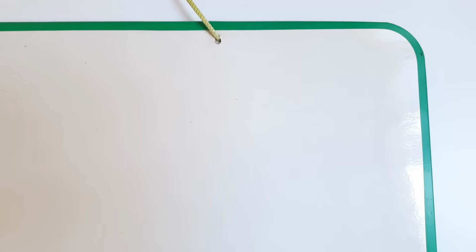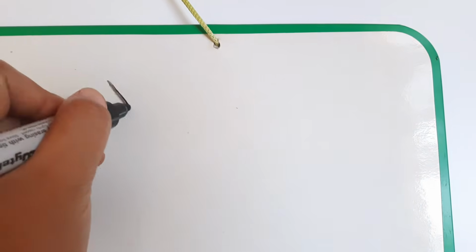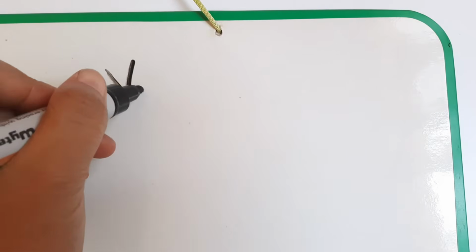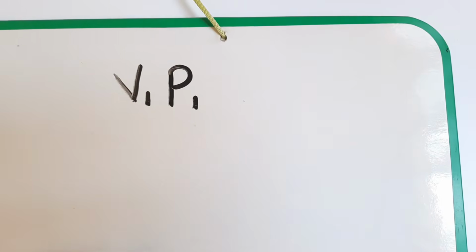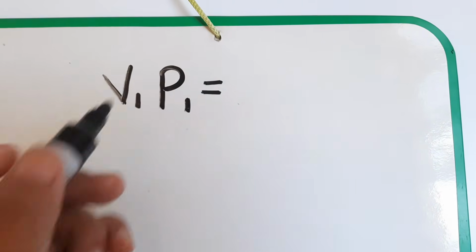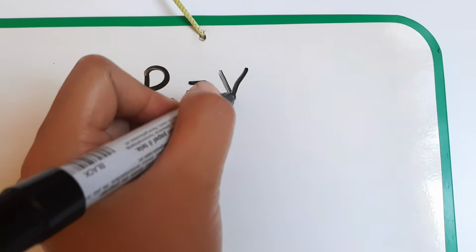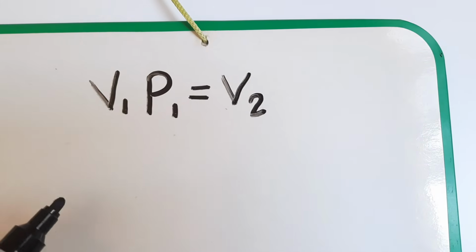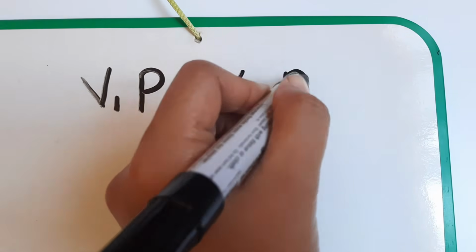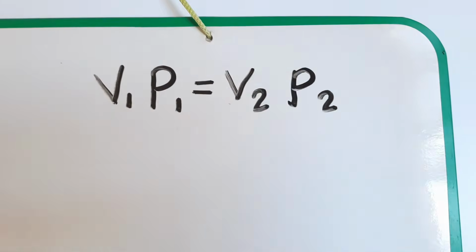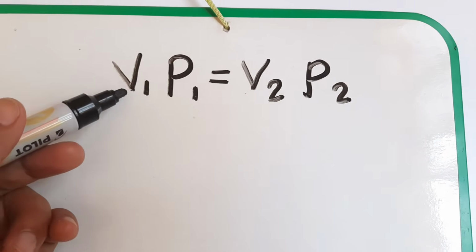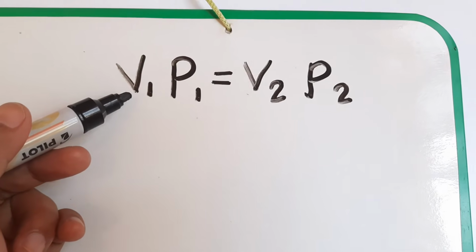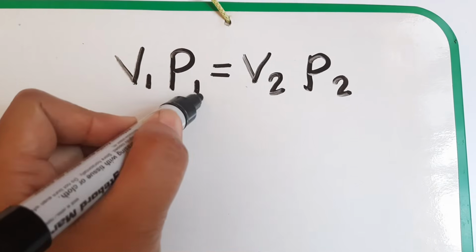Next, we will find the value of P1. We should write the equation for Boyle's law first. V1 times P1 is equal to V2 times P2. Since we are looking for the value of P1, let us divide both sides of the equation by V1 to cancel it out.